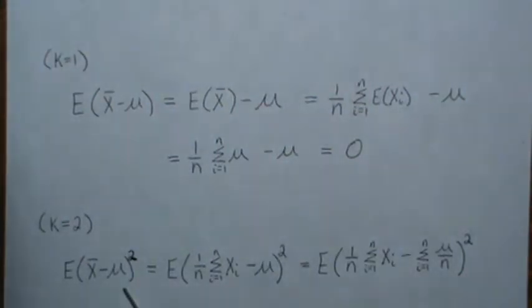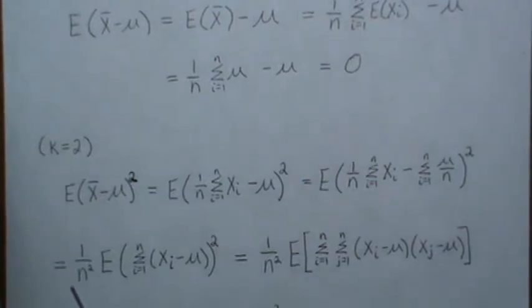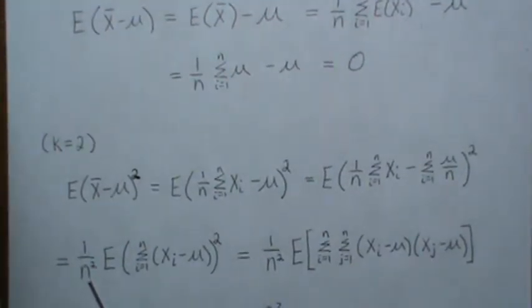Now the second moment is this. So I rewrite x bar to be this, but then mu can be written as a sum also, where it's 1 over n mu, because this is a constant, so you'll get n of these, and the n's cancel and you get mu back. But we can factor out the n since it's constant to both sides and get n squared.